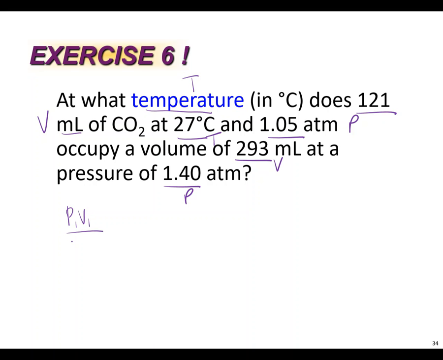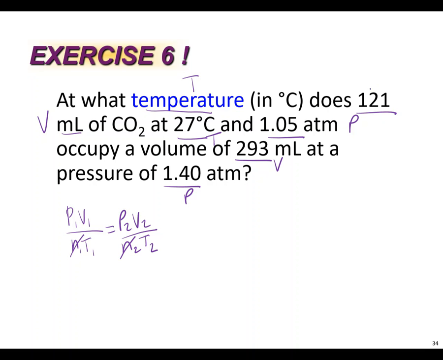P1 V1 N1 over T1 equals P2 V2 N2 over T2, like so. Now, the only variables that are changing are temperature, volume, and pressure, so I'm going to cross off the moles, because they're not telling us the moles are changing. Then I need to go through and label.